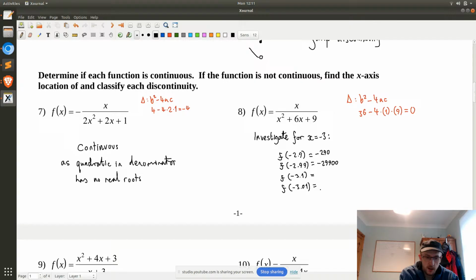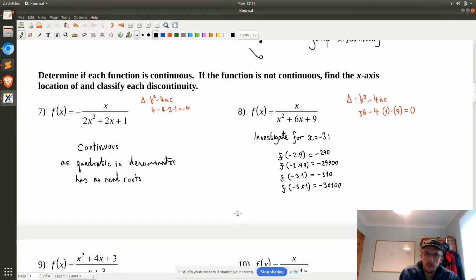Plus 6 times -3.1. There we obtain -310. And there we obtain -30,100.